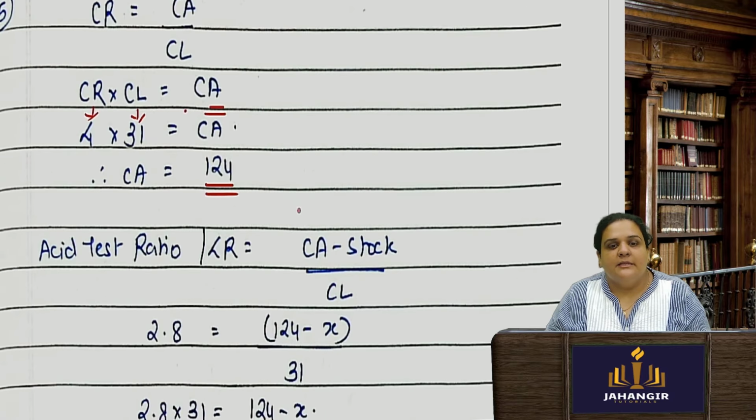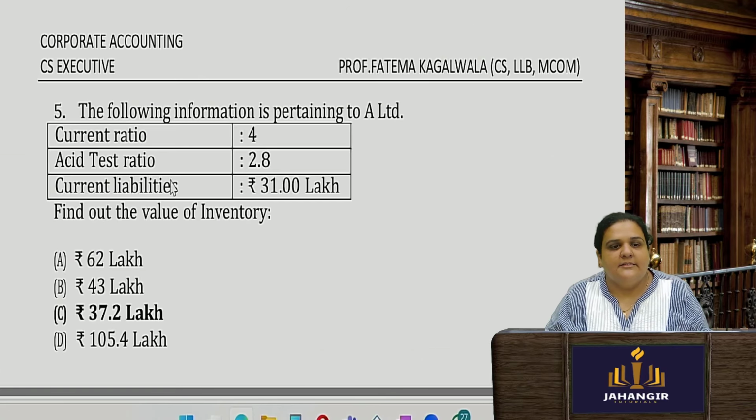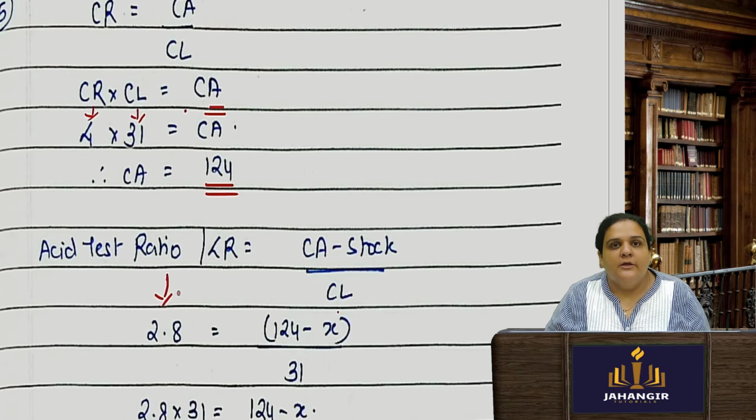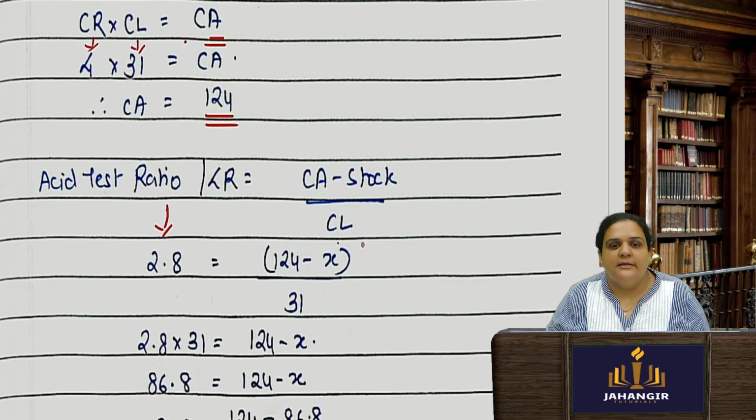Liquid ratio is nothing but current assets minus stock upon current liabilities. Liquid ratio is also given to me. Acid test ratio means liquid ratio. Okay. So, liquid ratio is equal to current assets minus stock upon current liabilities. Current liabilities is given.